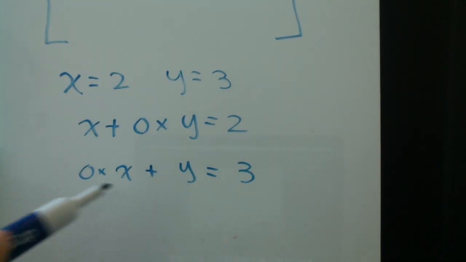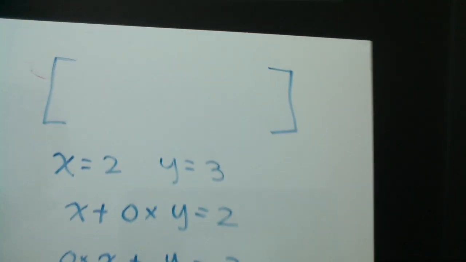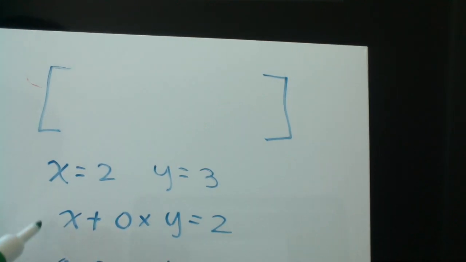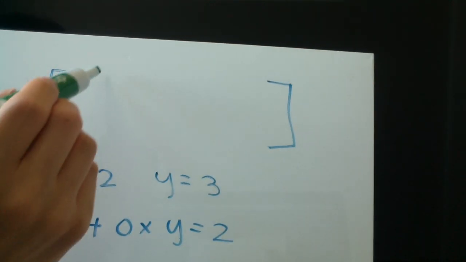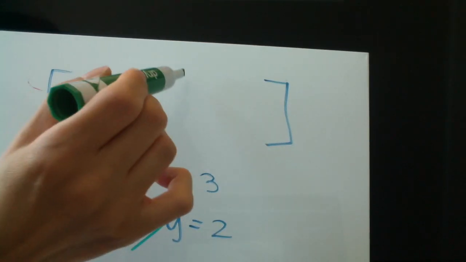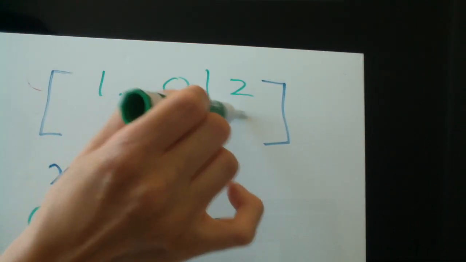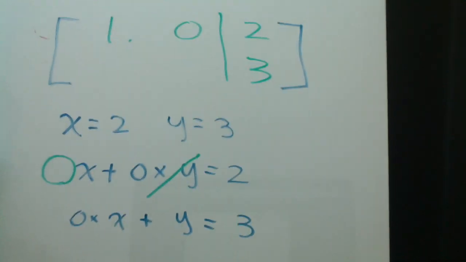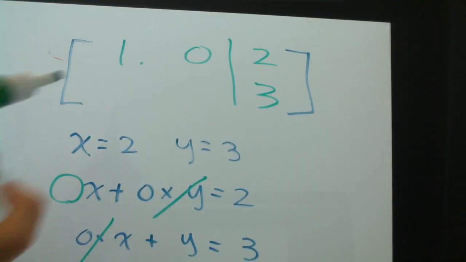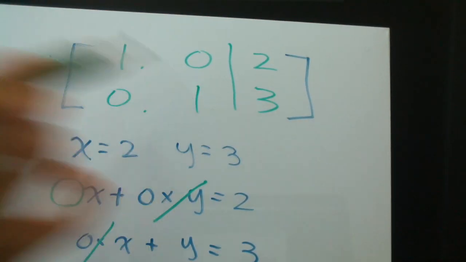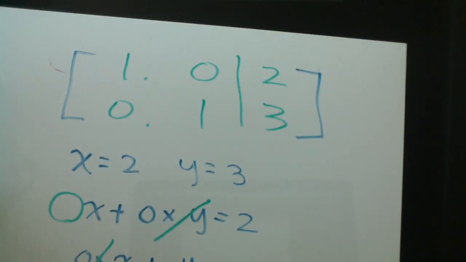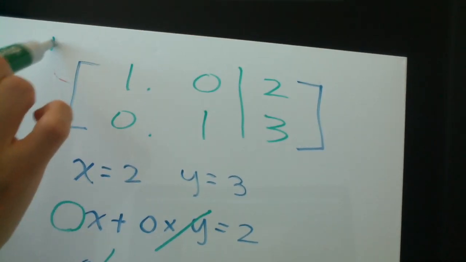Then how do we write this as a matrix? The coefficient here is 1. Actually this is 0 because we don't have any y, and this is 2. And if you look down here, this is 0, this is 1, and this is 3. So this is RREF.